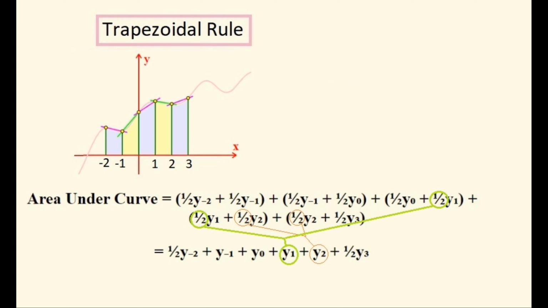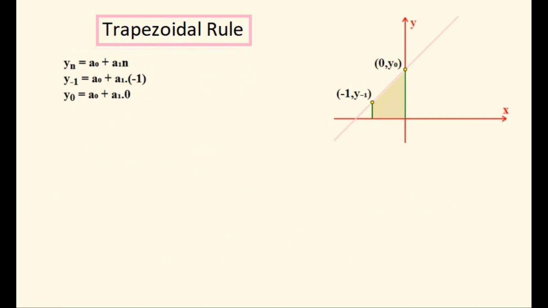And since some of the y's are found twice in the calculations, they are added together to make this sequence. So the y's in the middle have a coefficient of 1, and the y's at the ends have a coefficient of 1/2. We can use any two numbers separated by 1 for x to derive this rule using this method. Here we're using -1 and 0.